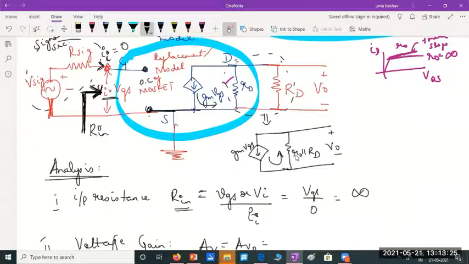Current into resistance would give you the voltage, but you can see the current is flowing in the opposite direction. That means according to the direction of current flow, this end should have been positive and this negative. But we are trying to measure V0 in the opposite direction. When we measure V0, we will always connect the positive probe to the drain and the negative probe to the source.